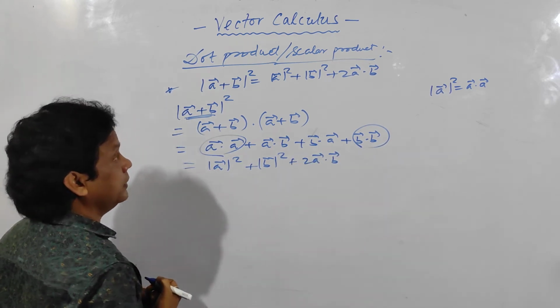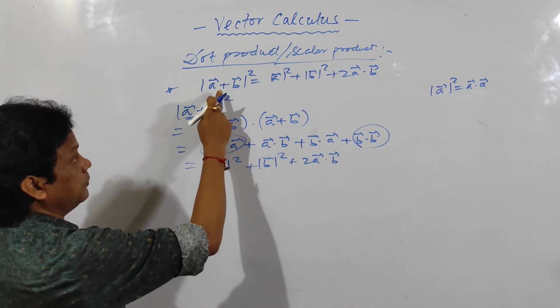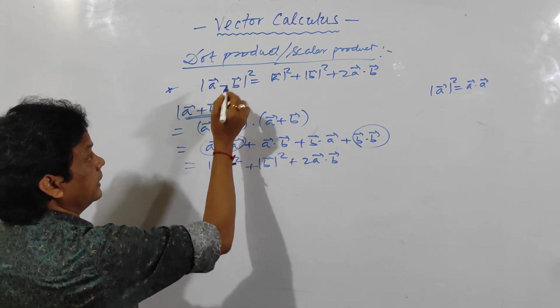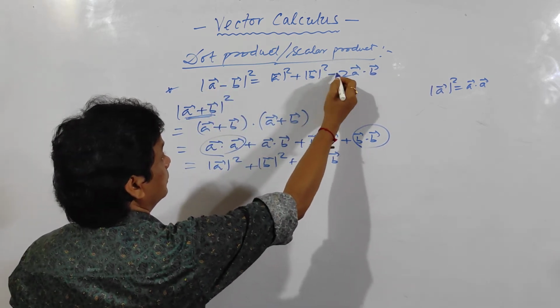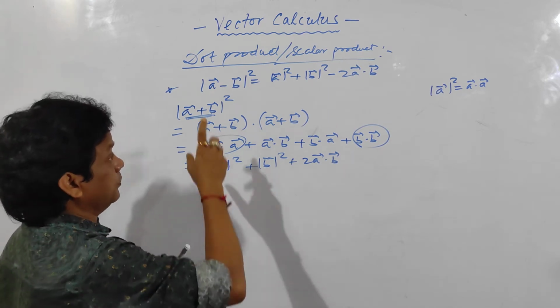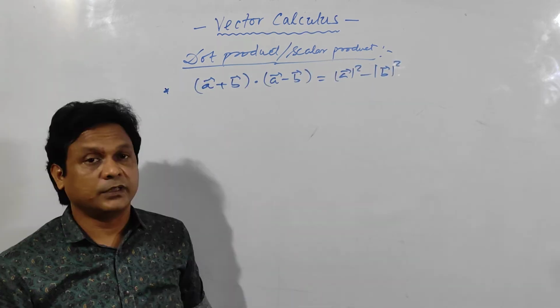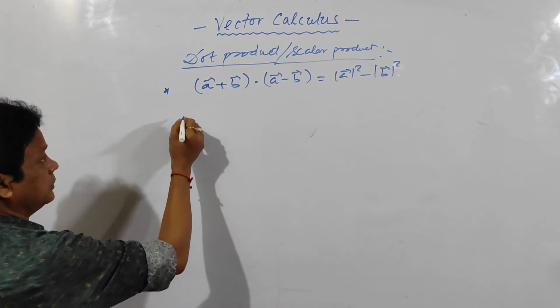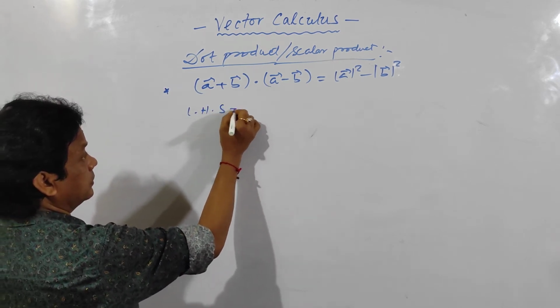Clear? And the second property is, if we take this one as negative, this will become negative, so the proof can be done accordingly. Okay, this is the second property. See here, this is the third property and the LHS.